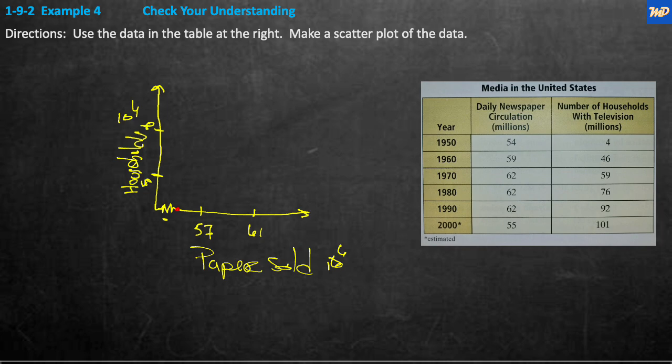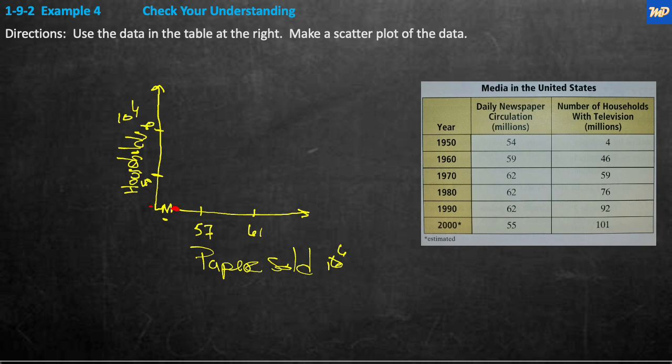And the number of households with televisions, I've got it way down here at the bottom because this is 40 million, so this is 4 million. So I'm going to say it's right about here on the line. I'm going to call that the 4 million over here and 54 million newspapers.